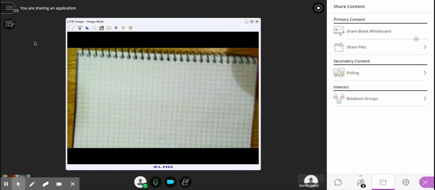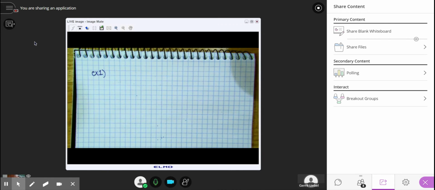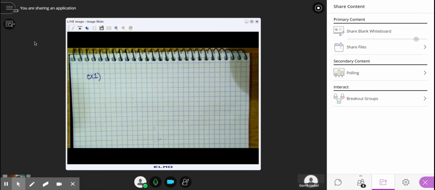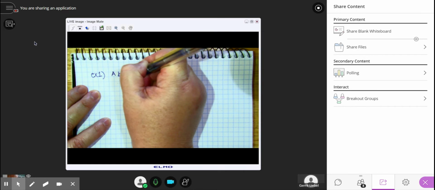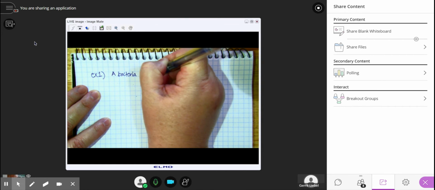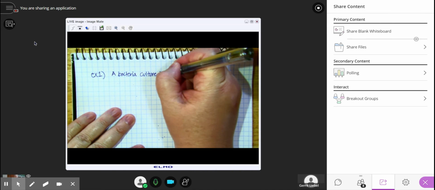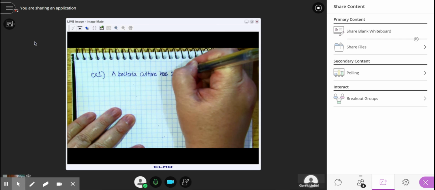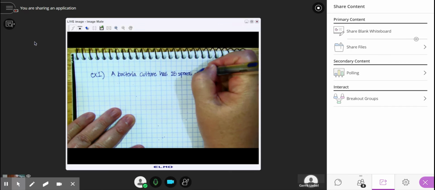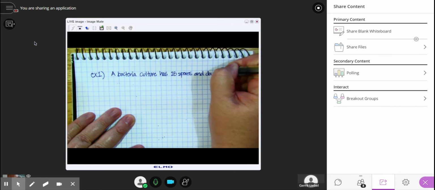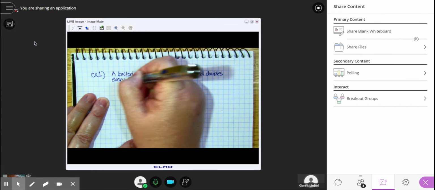All right, so a couple of examples here. First example. A bacteria culture has 25 spores in it and doubles every 5 hours.